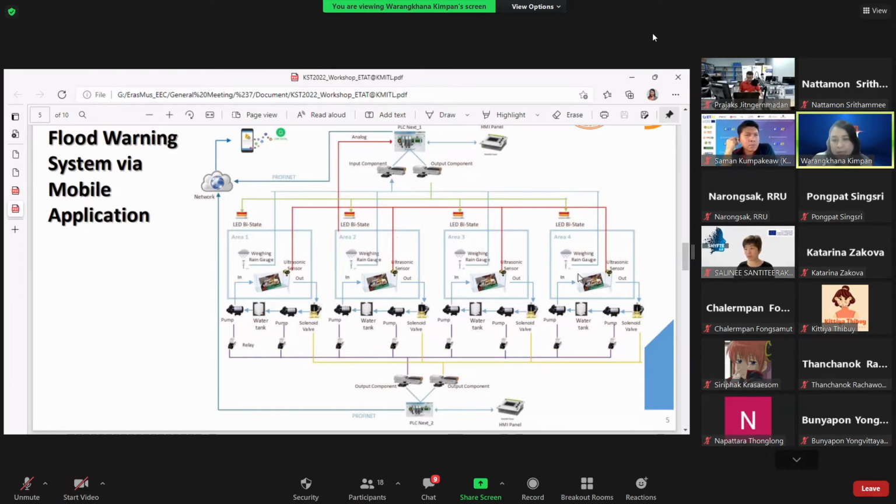We will simulate water resources in the community, and when the water is rising, people who live near the water resource will get a warning from this system.